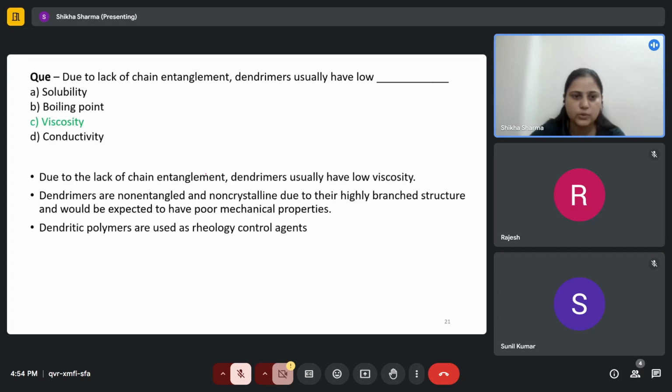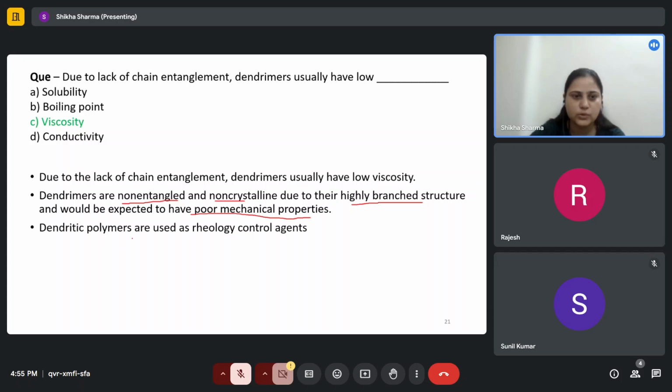So we are discussing it. The answer is C, which is viscosity. Due to the lack or deficiency of entangled chains, the dendrimers will have low viscosity. Because they are not in the entangled form, they can have a non-crystalline structure, and because there is high branching in the dendrimer's structure, they have poor mechanical properties also.